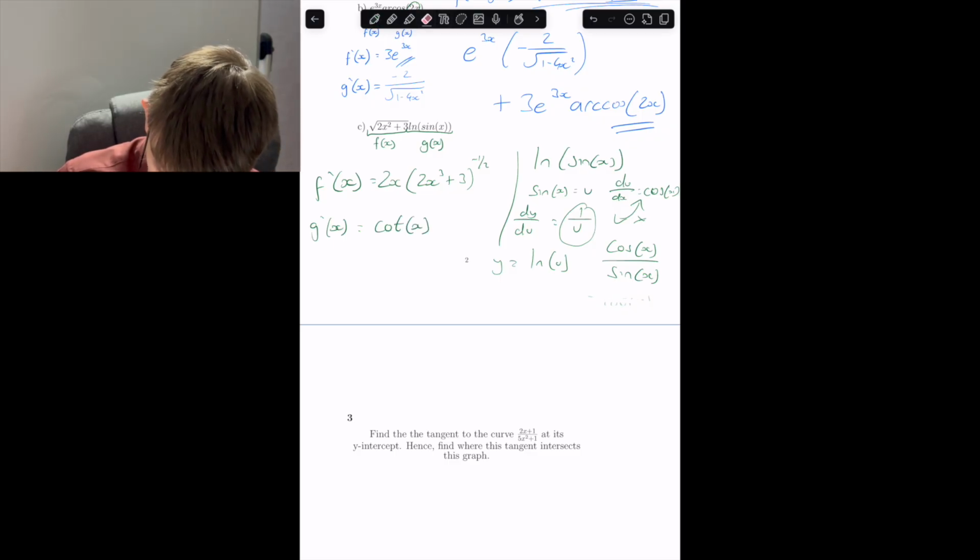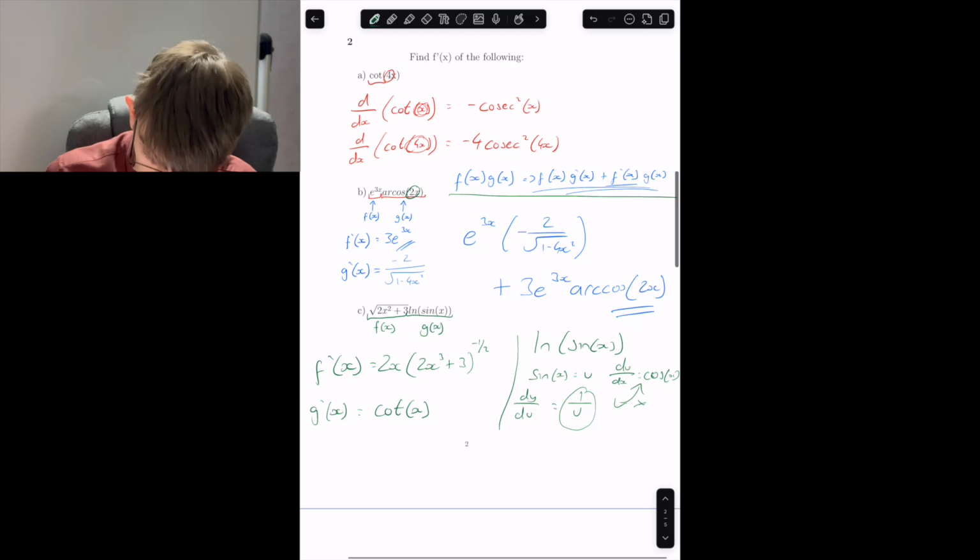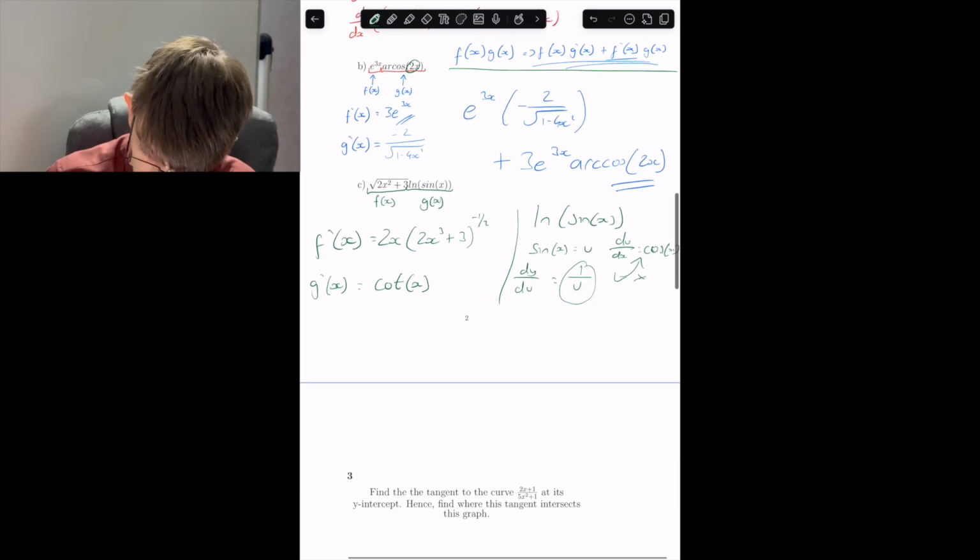Now, I'm going to get away with leaving some of this, but yeah. Now we can put it all together using our product rule from earlier. That's still at the top of the screen there.